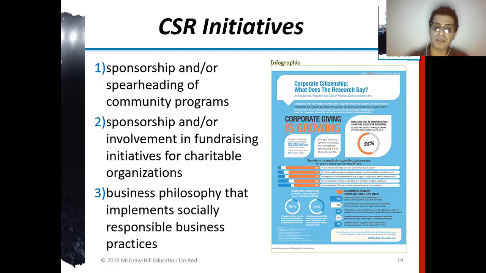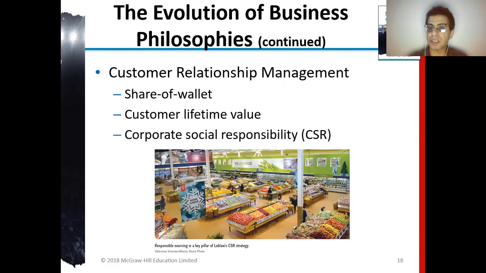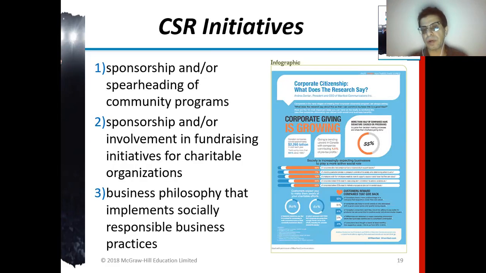And the business philosophy that you implement shows that you are responsible for the environment, for the people that you work for or with, or who work at your places, and also responsible for the community. The CSR initiative, corporate social responsibility, is a big part of marketing.